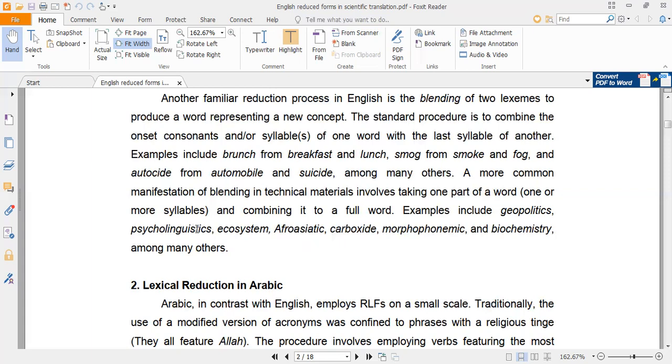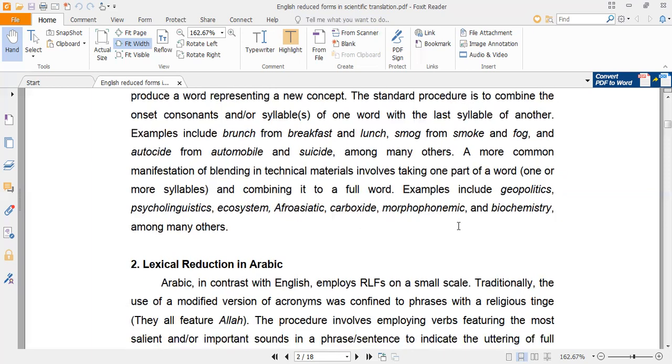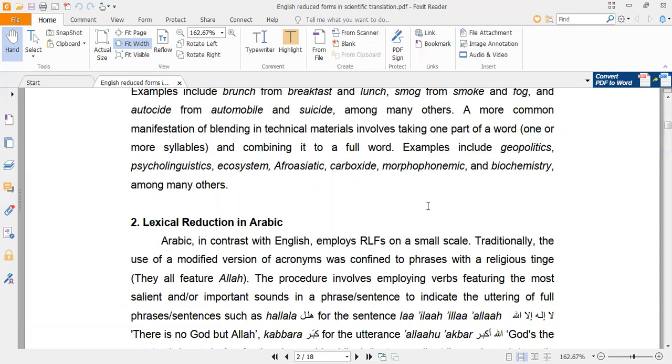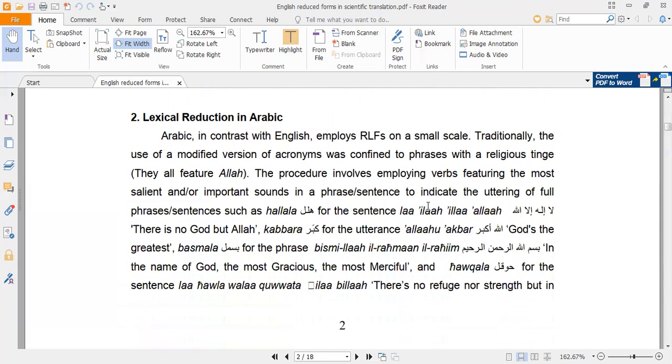And we have other blendings, as you see, such as ecosystem, from ecology and system, afrostatic, biochemistry, and so on. Now, to talk about lexical reduction in Arabic.